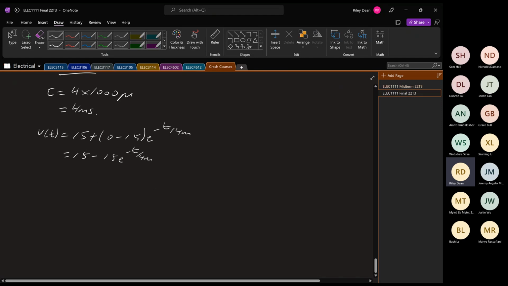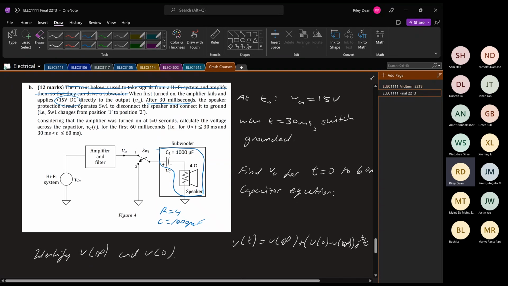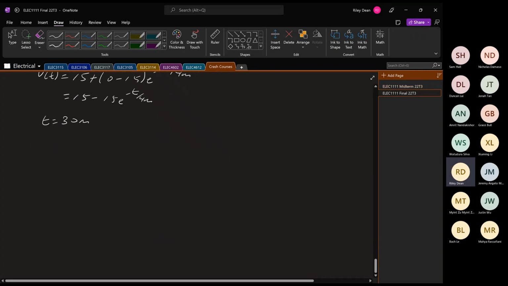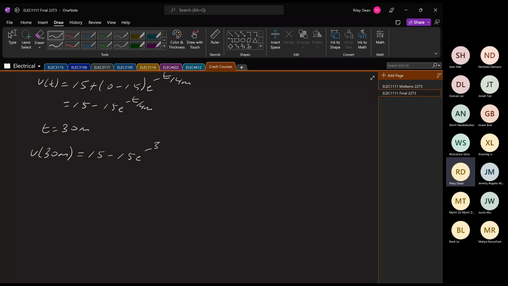Now we want to find V at 30m, correct? Because if we go up, that is our second condition of after 30 milliseconds. Because of that, we will just do V(30m) equals 15 minus 15 e to the minus 30m on 4m.